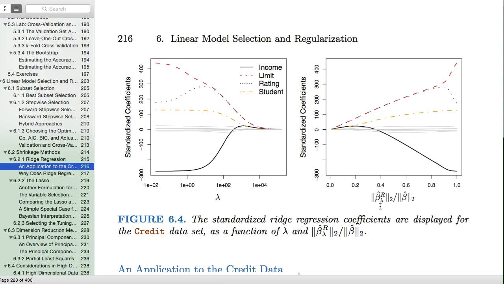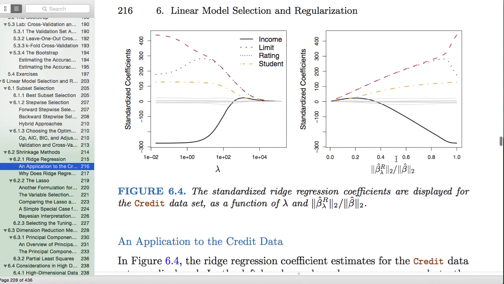So this term is 1. In fact, this and this are equal if we're using least squares, that is, if lambda is 0. This dwindles to nothing, though. These become nothing if lambda is infinite. If lambda is infinite, this dwindles away.